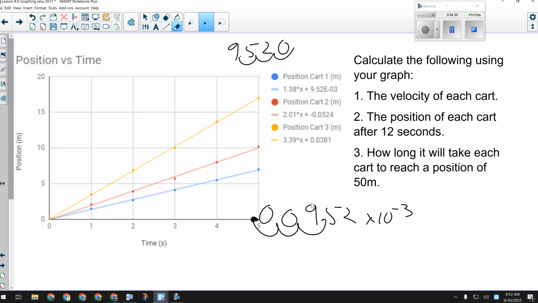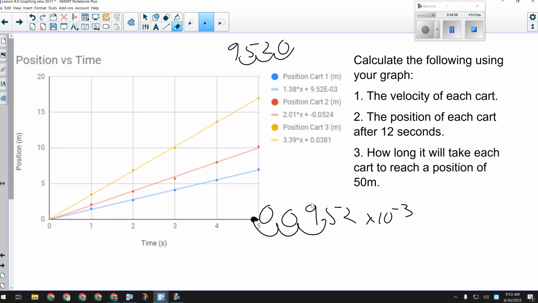Okay, now this is a graph that's telling me where the objects are as a function of time. So would dividing the position by the time give me meters per second? It would. So would the slope of the line also have units of meters per second?